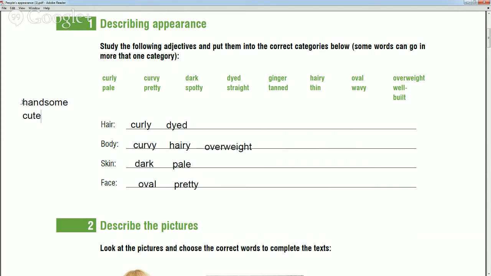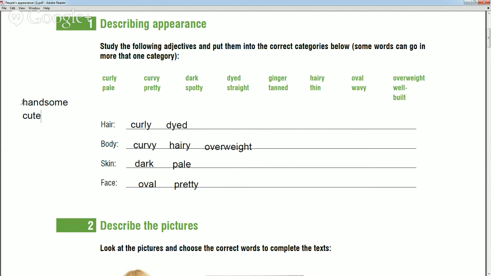If I use pretty body, could it be a way to put it? I feel that some body is not so beautiful, but my friend thinks that she has a wonderful body and a beautiful body, and could I say she has a pretty body?